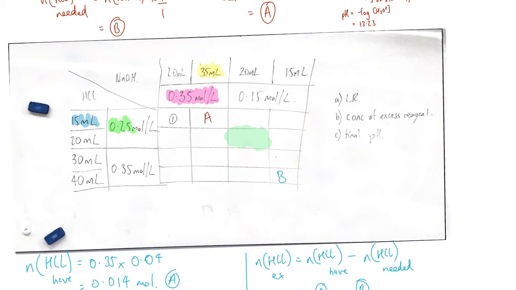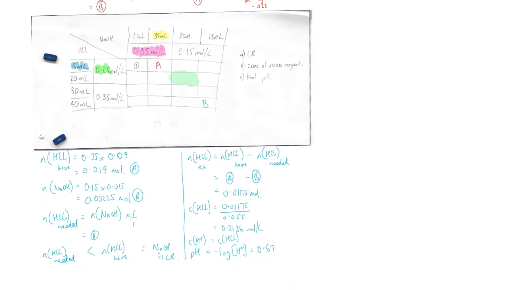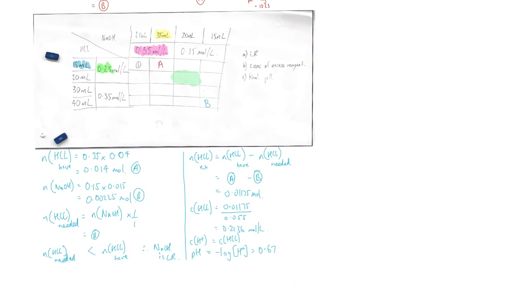Remember, whenever you're doing a limiting reagent question, you've got to solve for the number of moles of each. So let's do that to start with. The number of moles of NaOH.